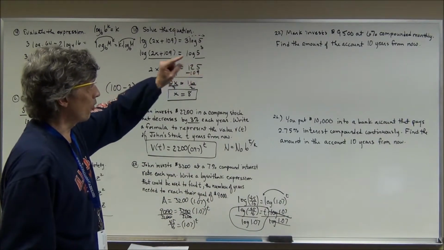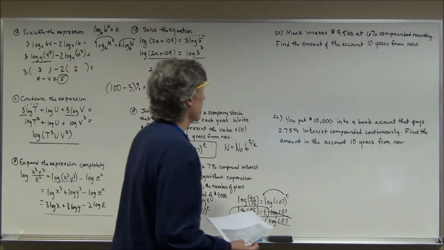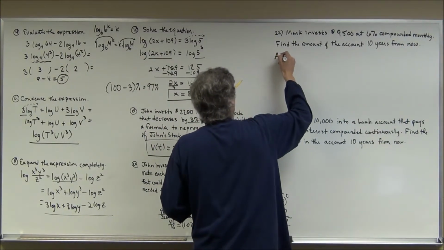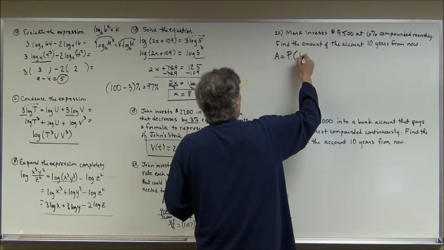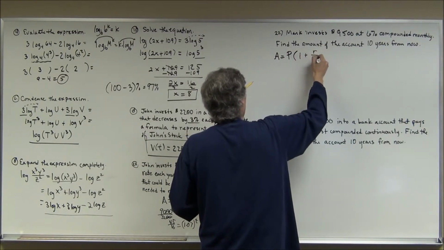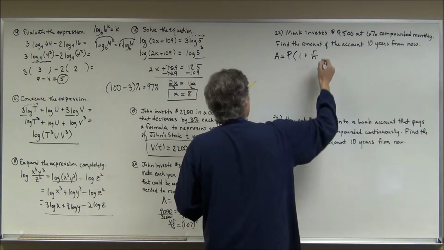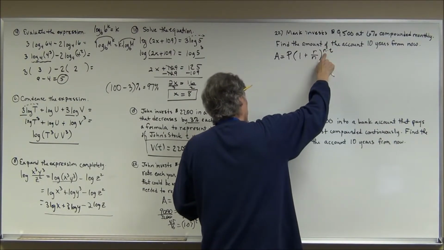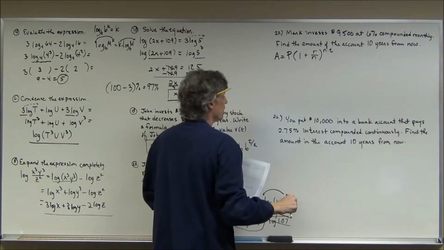Jump up to here. More compound interest, but not compounded yearly, compounded monthly. So you're going to use this formula. P is the principal, 1 plus your rate of interest divided by the number of times it's compounded in a year, raised to the n times t power, where n is the number of times it's compounded in a year, and t is the number of years.